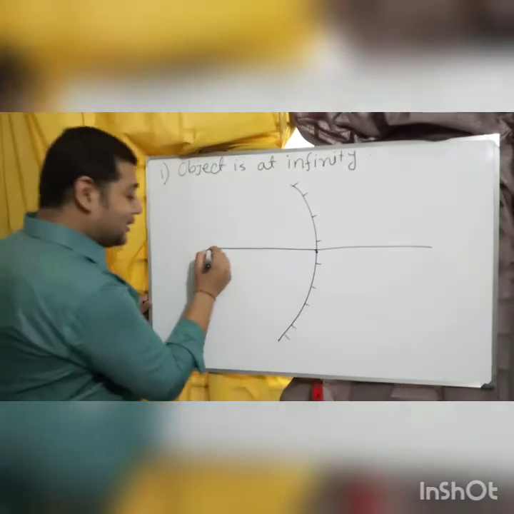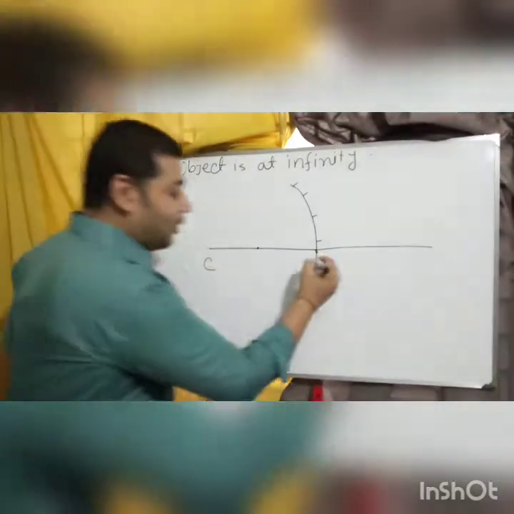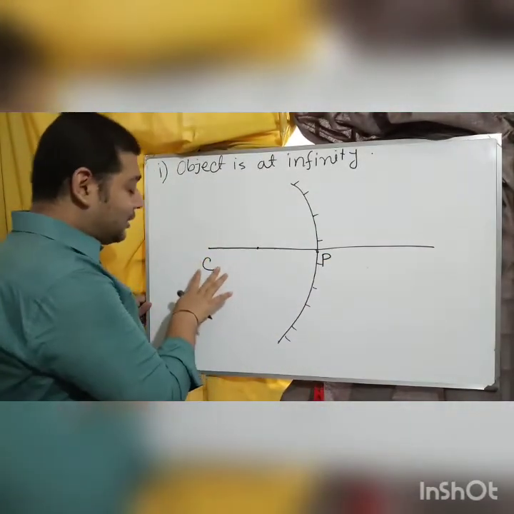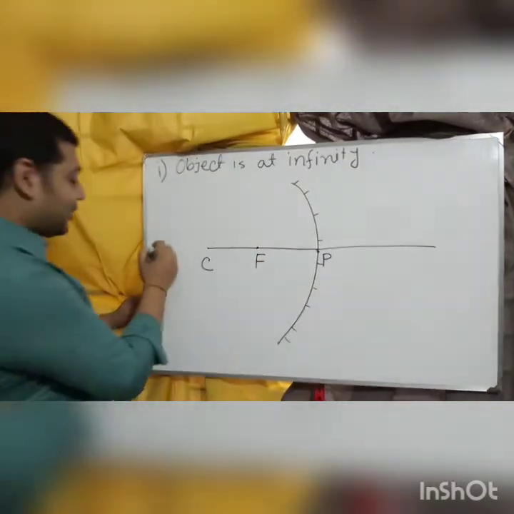So this is C, and half of the distance between the center of curvature and the pole is called the focus.